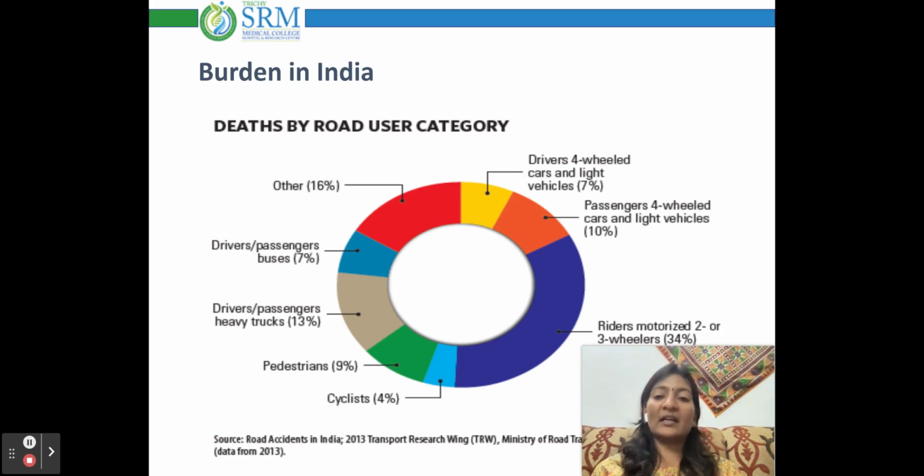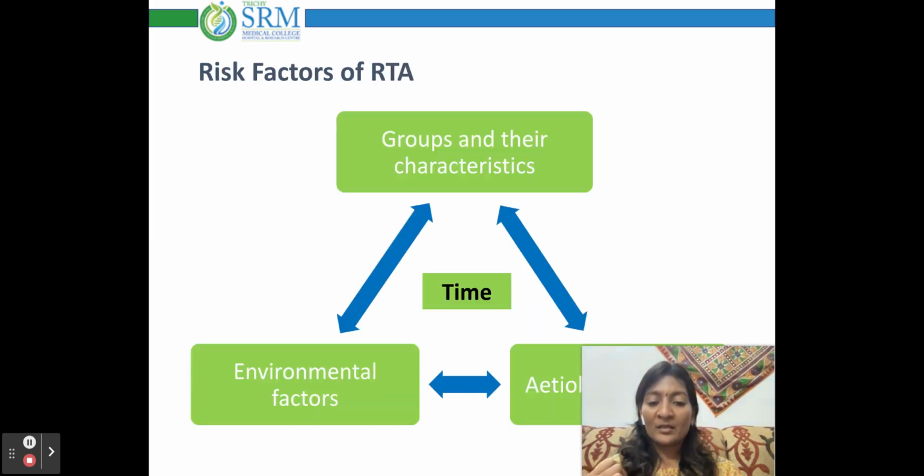If we take only India, the burden of road traffic deaths includes around 7% four-wheeler drivers, 10% passengers in four-wheelers, 7% drivers or passengers in buses, and 9% pedestrians who die due to road traffic accidents every year.